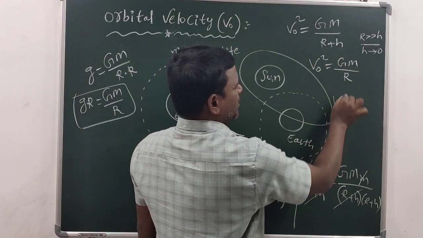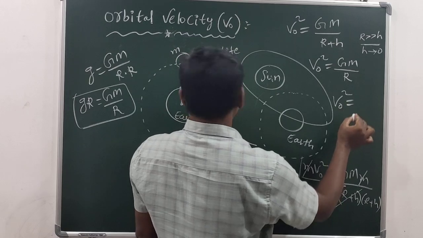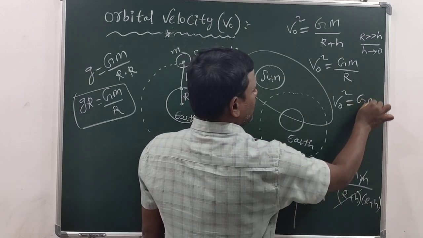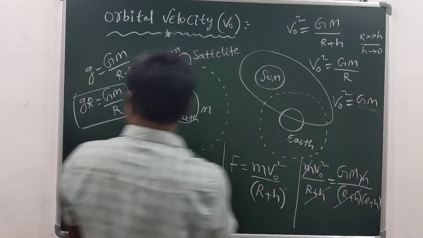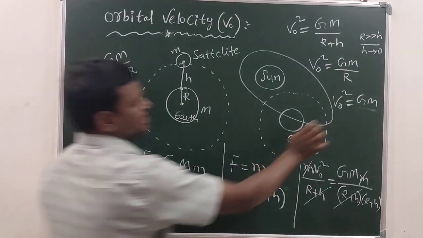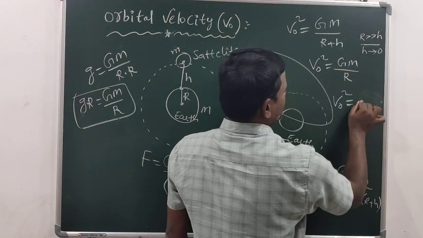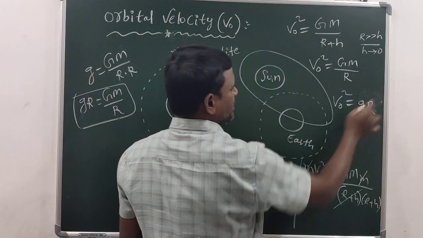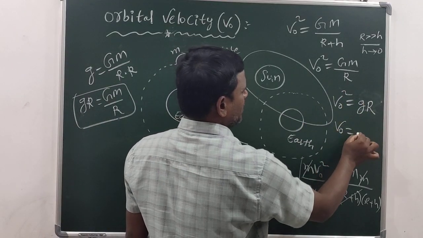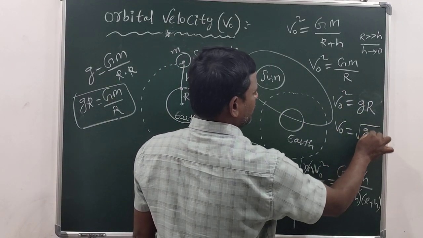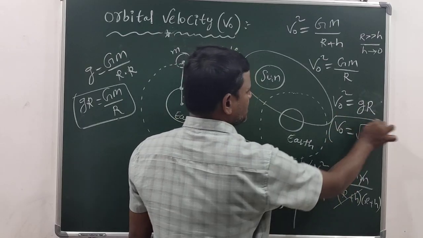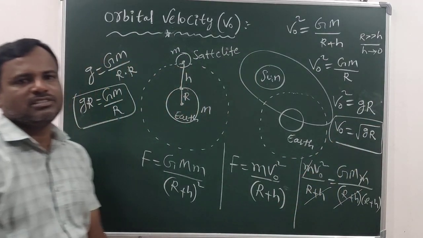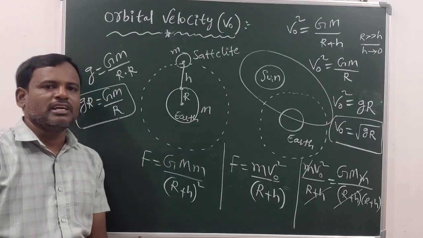Now v naught square is equal to GM by R, small gR you have to write. Now send the square to the right side so that you will get v naught is equal to square root of gR. So this is the orbital velocity of that satellite.